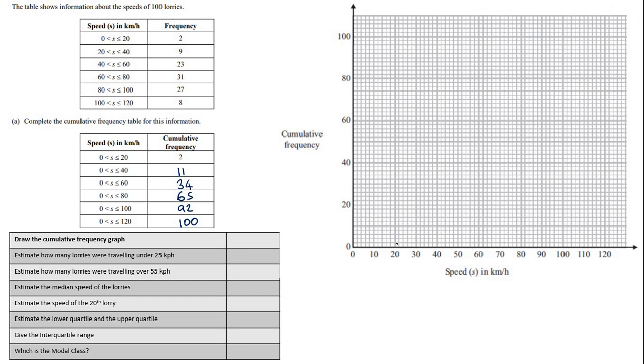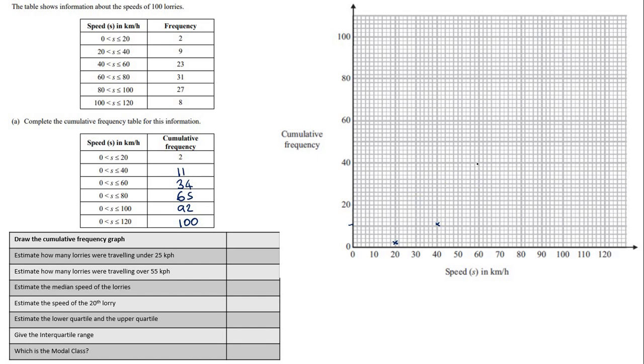From 0 to 20 is, now if that's 20 there, this would be 10, wouldn't it? So it's going to be really low there, like that. Each box represents 2 vertically in this case, and each box horizontally represents 2 as well. From 0 to 40 would be 11, so something like that. From 0 to 60 would be 34.